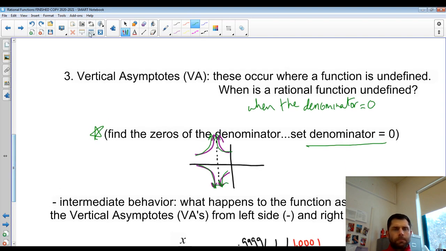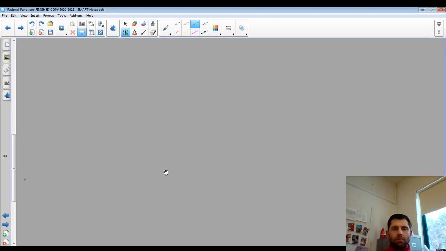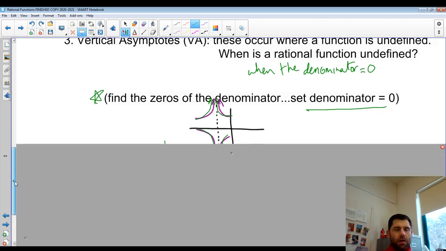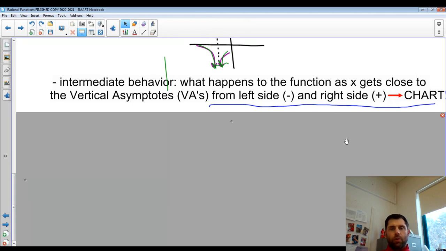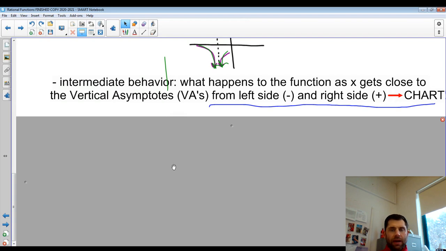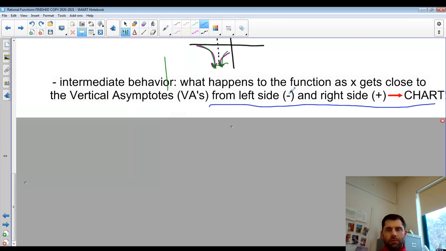What we're going to do is make ourselves a little chart. We want to figure out what's happening to our function as x approaches the vertical asymptote from the left and from the right. We're going to have a little minus sign, meaning what's happening as it approaches from the left, and a plus sign when we're asking what's happening as it approaches from the right.